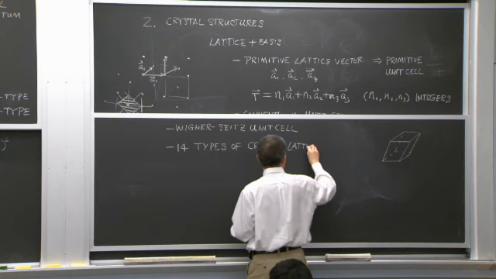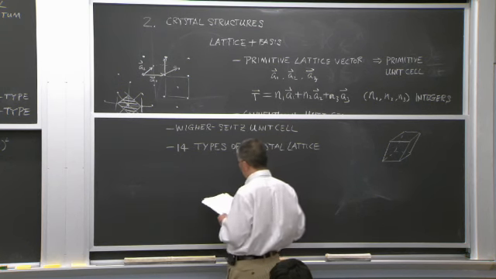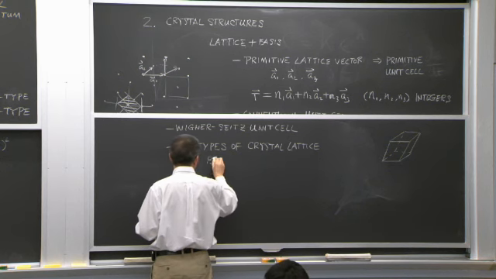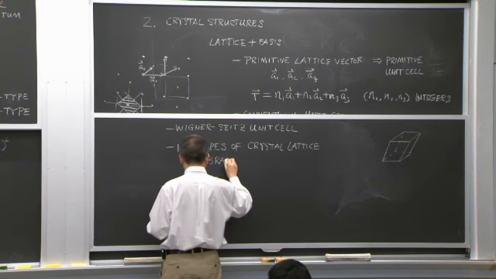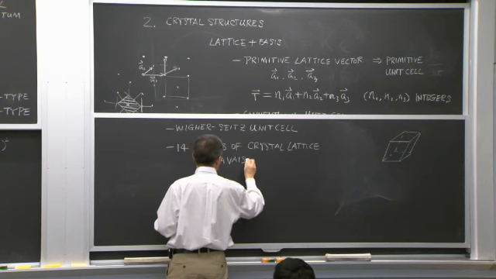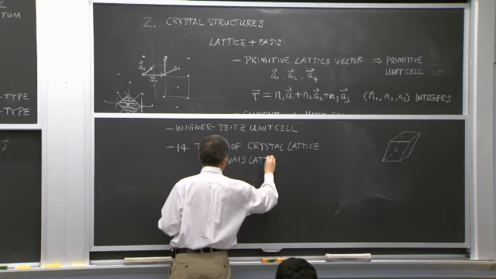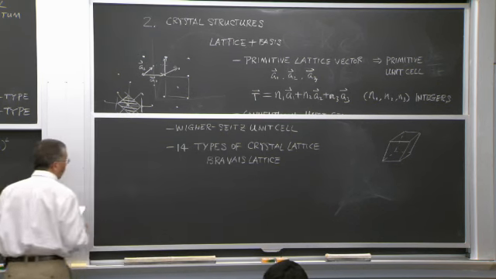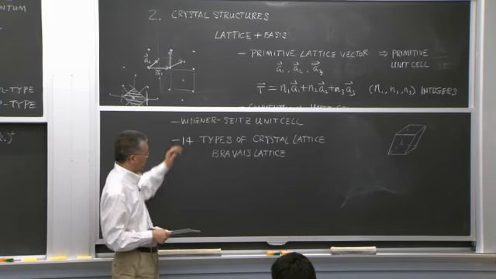I will defer this and show you on the computer later on. These 14 types are also called the Bravais lattices. Okay? So we'll look at this on the computer later on.